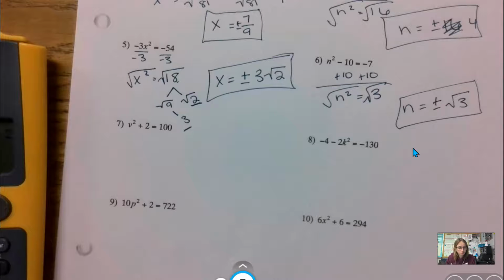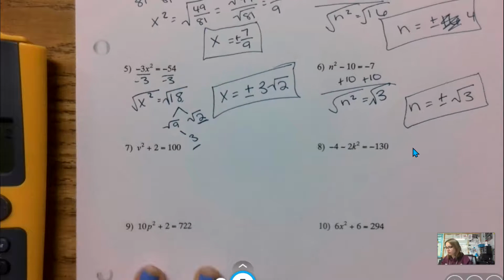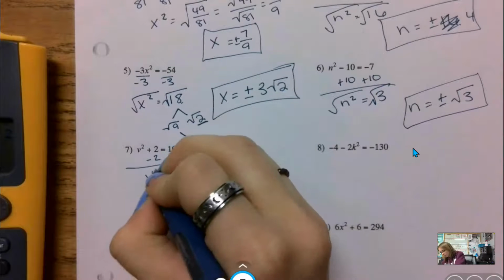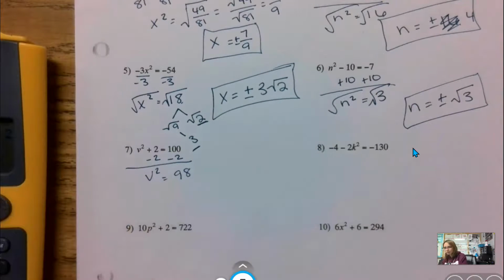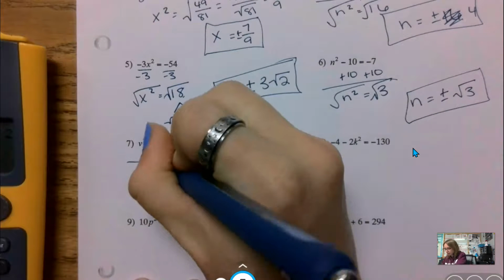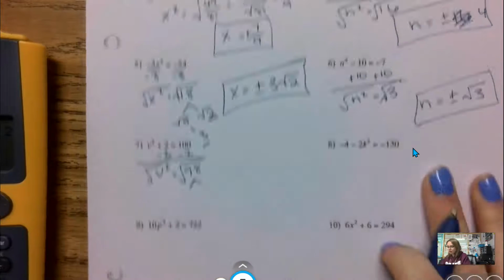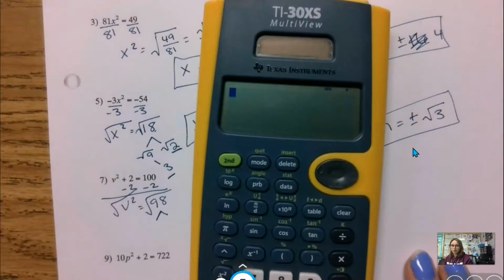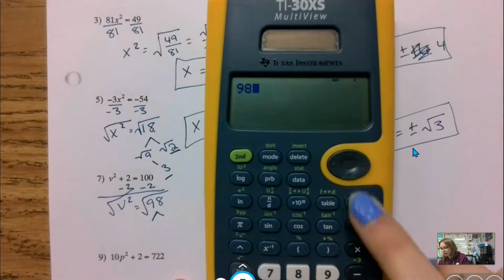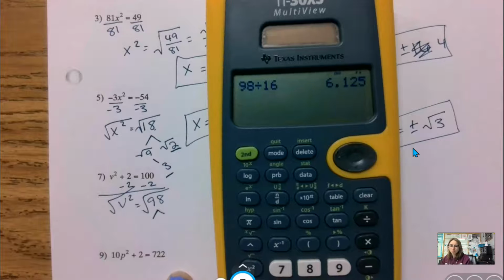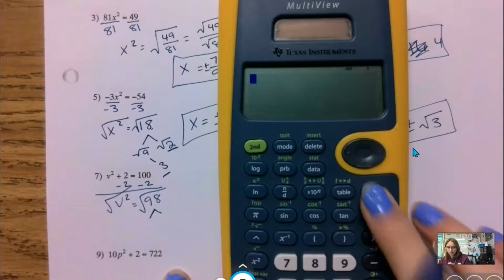Alright, let's go ahead and do number 7. So subtract 2. We have v squared equals 98. Alright, not a perfect square, so we need to break this down. So let's take 98. I'm going to divide by 16 first. Okay, not it.